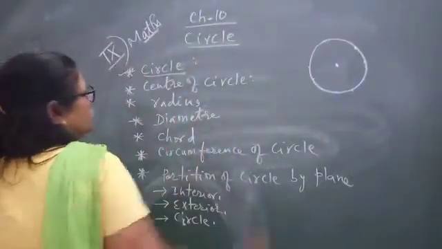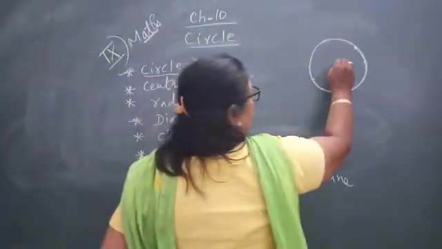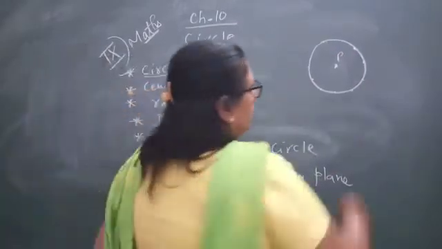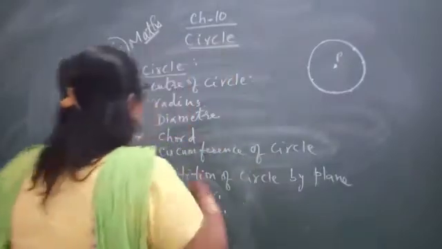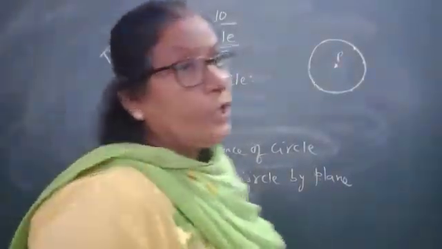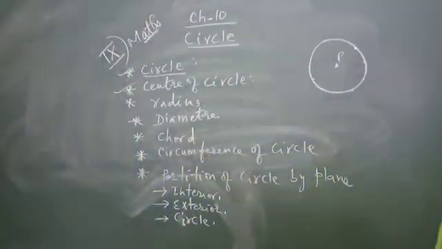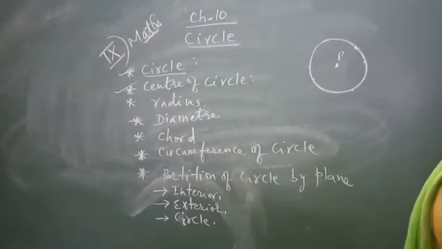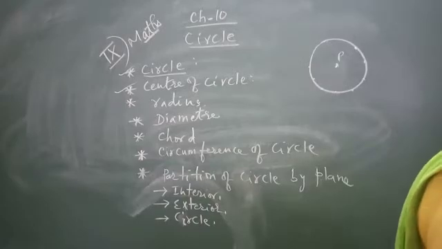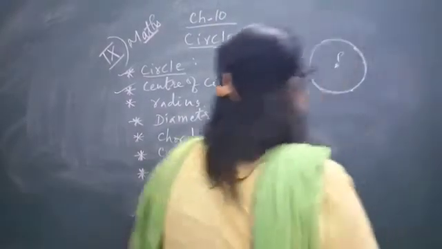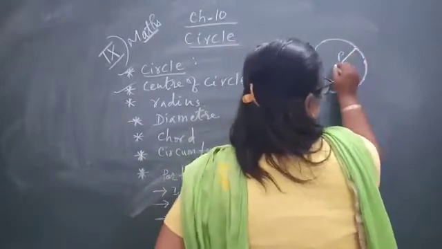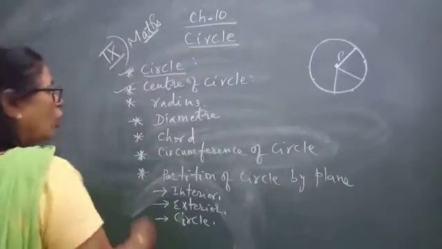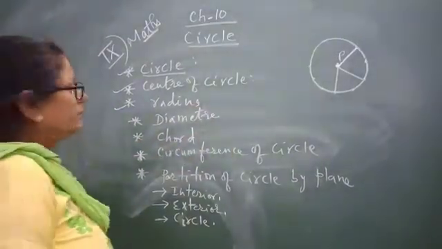Now the center of the circle, this fixed point, suppose we call it P. So here the fixed point of the circle is called the center of the circle. The fixed point is called the center of the circle, and the distance from this fixed point to any point, suppose we take this point or this point, is called the radius of the circle.